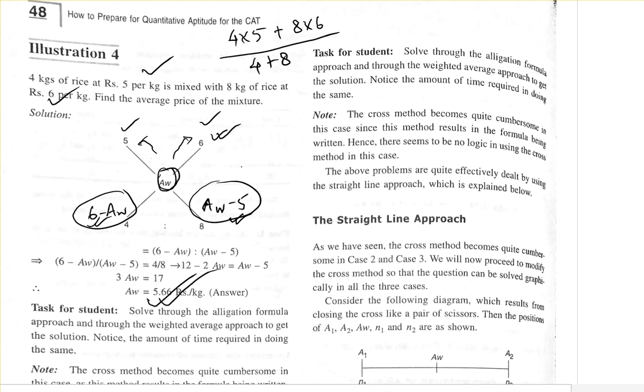You see, the second formula in the first situation is complicated and the first formula in the second situation is complicated. So which formula to be used where is to be taken care of.